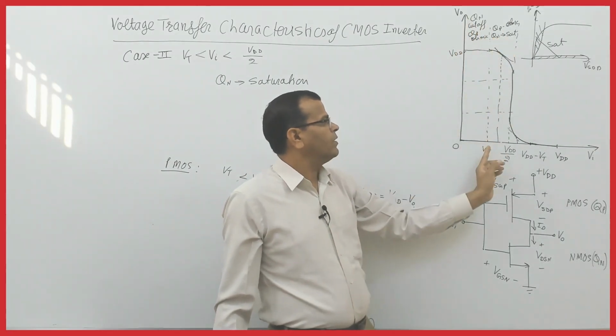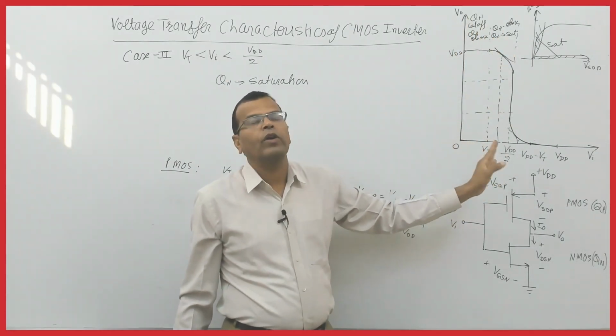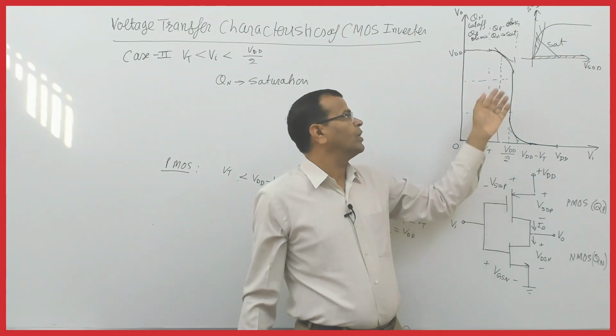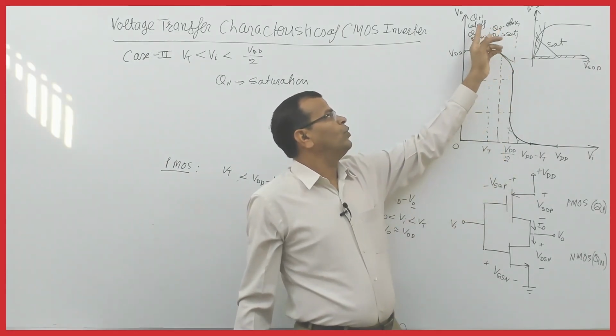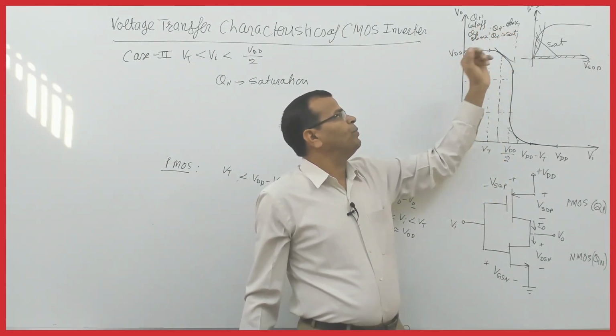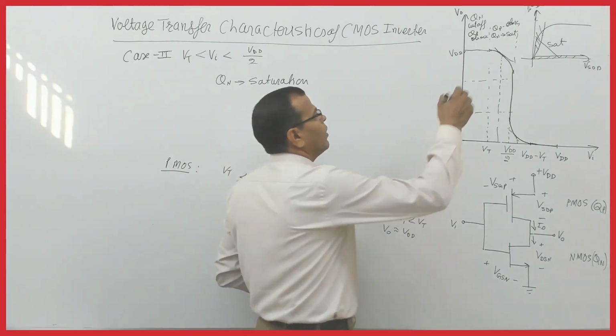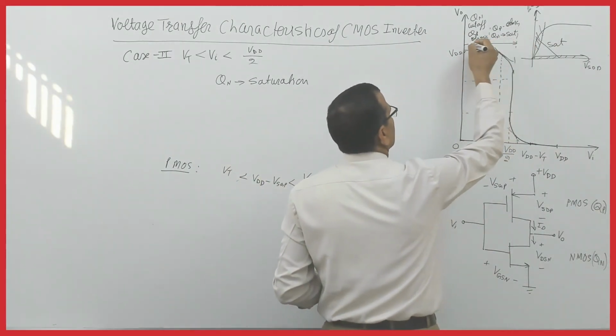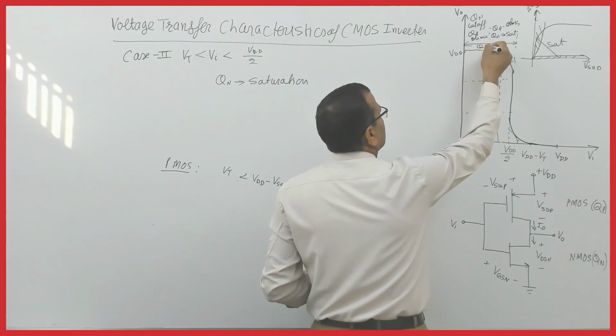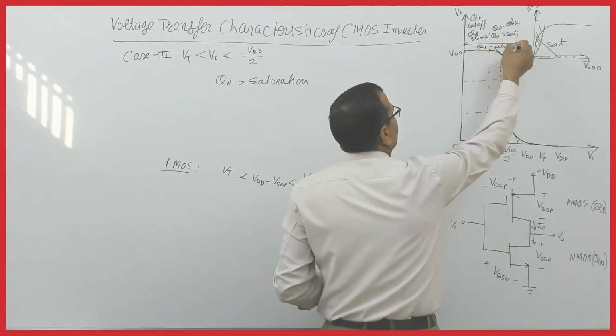Again, when your input voltage becomes more than threshold voltage, your Qn enters into saturation, QP remains in ohmic. So for this range from here to here, QP is in ohmic region.